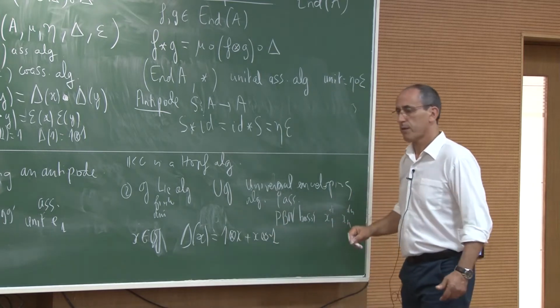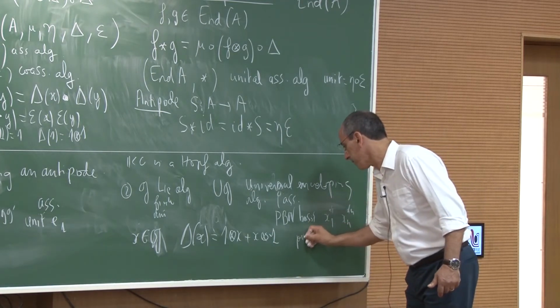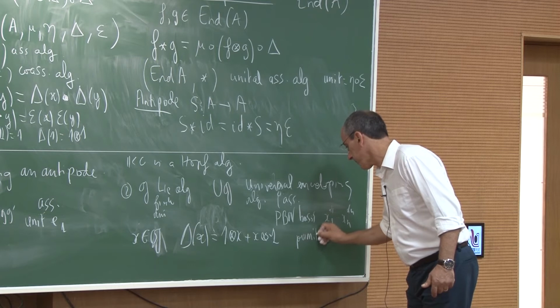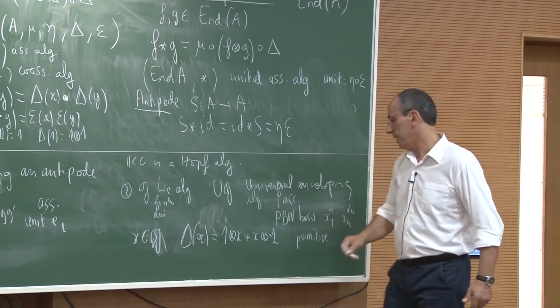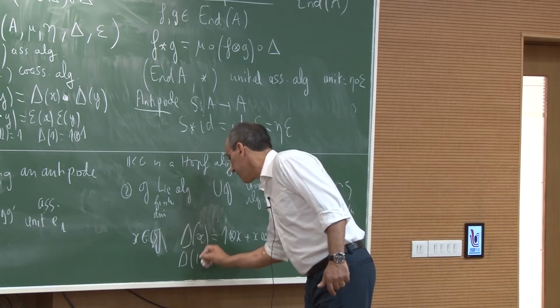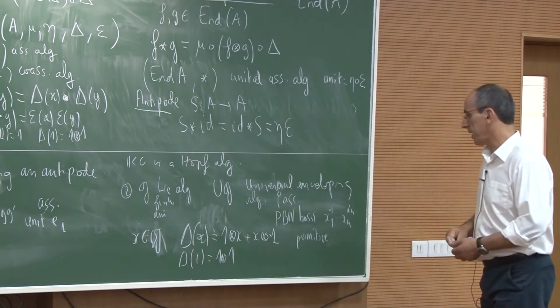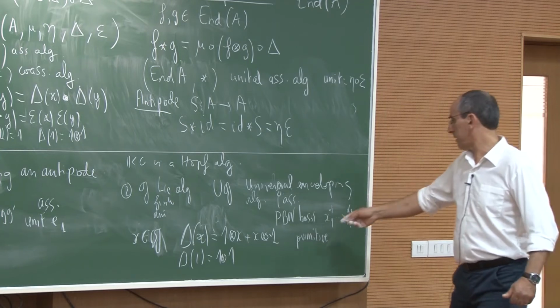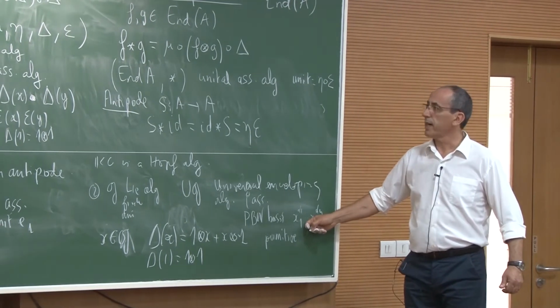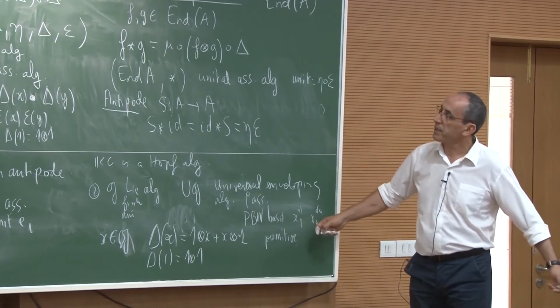We say that it's primitive. And of course here delta of 1 is always 1 tensor 1. If you want to get delta for other elements, then you have to use the compatibility condition.